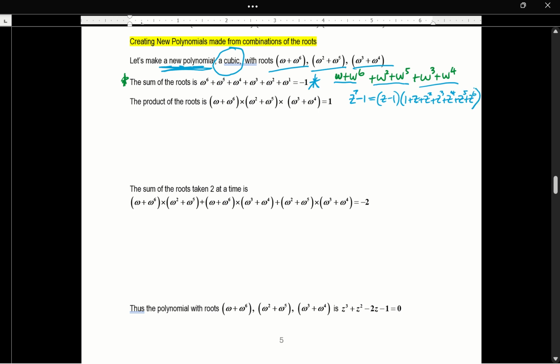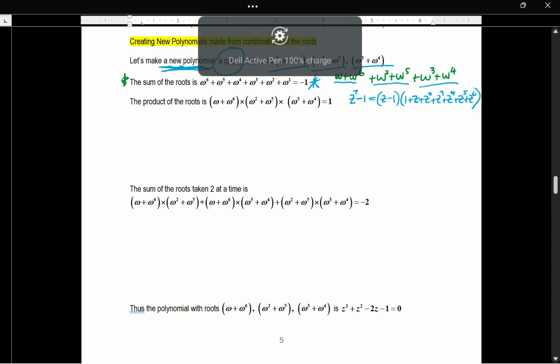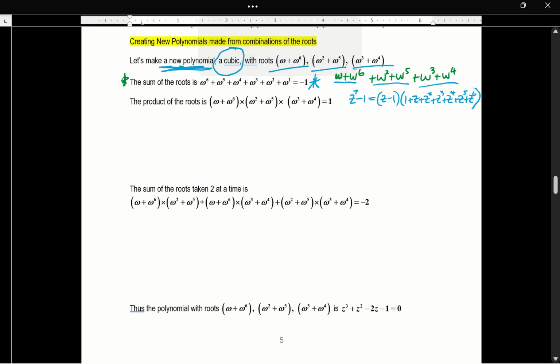We got that as our factorization for z to the 7 minus 1, which meant that if w was a root, then we could say that either w minus 1 could be 0, or 1 plus w plus w squared plus w cubed plus w^4 plus w^5 plus w^6 could equal 0, if z to the 7 minus 1 has to equal 0. When you sub it in, if it had to equal 0, then that's what would be the case.